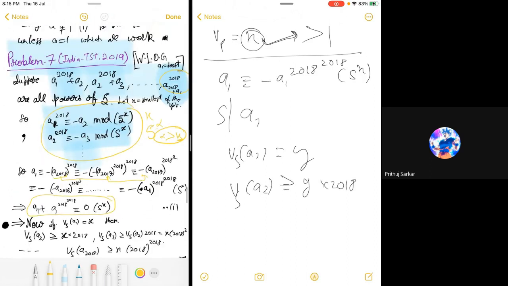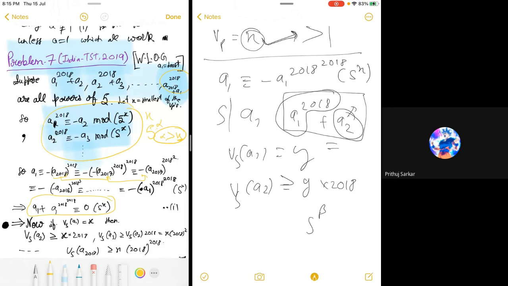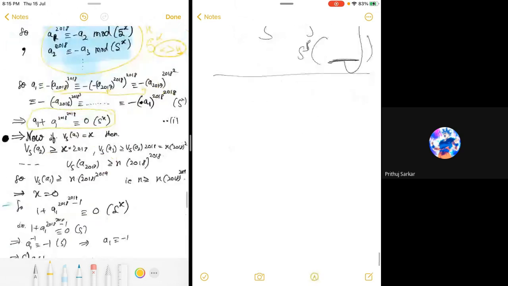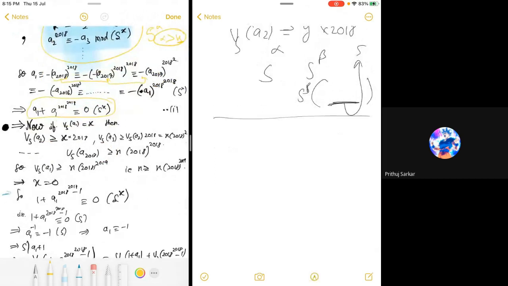This is because a1 to the 2018 plus a2 is a power of a prime, a power of 5. And if the power of 5 in a2 becomes less than that in this, then this won't be able to become a power of a prime, because writing 5 to the beta plus 5 to the alpha, the 5 to the beta comes common, and the remaining factor is a number which is not divisible by 5. So just continuing this way, you get a contradiction because this process is cyclic.